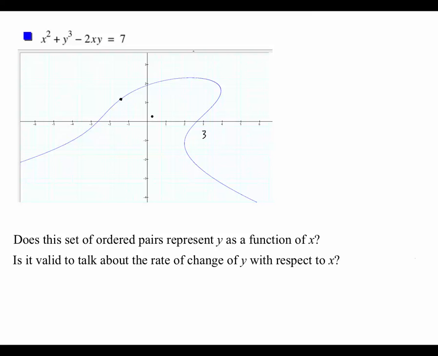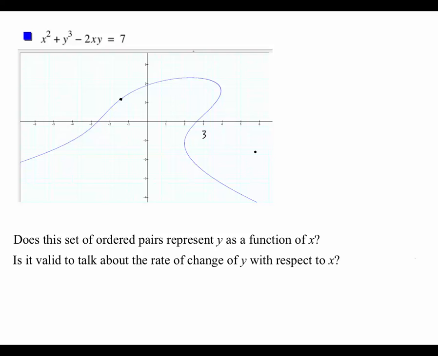Is it valid to talk about how fast y is changing for a small change in x at that point that I showed you? Sure. What about at this point? Is it valid right there to talk about how much y changes for a change in x? What about here? Sure. Yeah, if you pick any point on the curve, you can change x a little bit and see what y does.